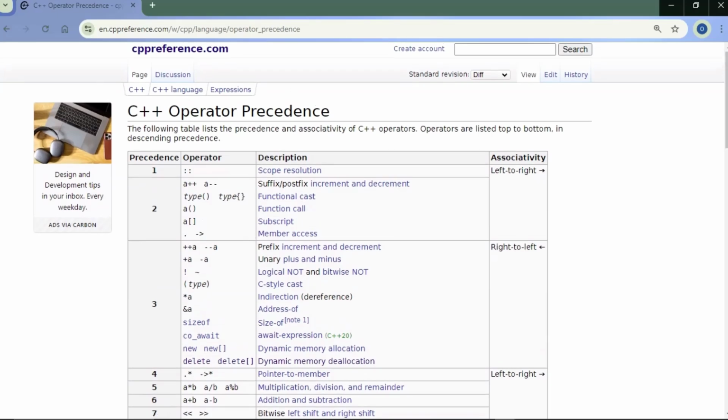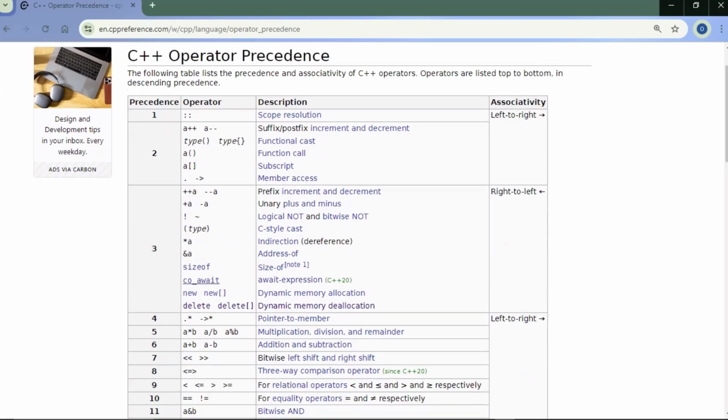Now in precedence we have the operators of additions and subtractions. We have multiplication here, with the precedence of 5, and it goes from left to right, which means we evaluate it from left to right. Also we have addition and subtraction, which is also from left to right, but with the precedence of 6, which is higher than 5.